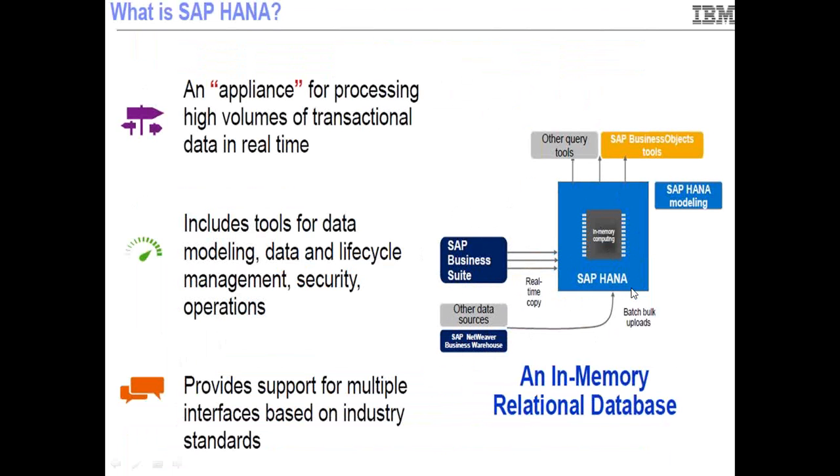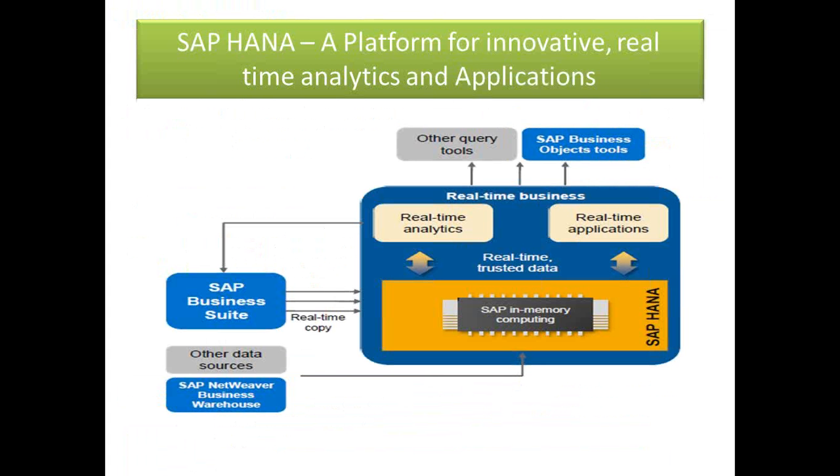As soon as the data is available, we would be developing the models on top of that data. These models would be consumed in the reporting layer. The reporting layer here is the business objects tools or any other query tools, be it SAP reporting tools or non-SAP reporting tools, anything. This is another representation.